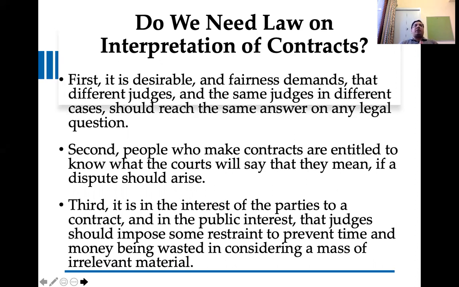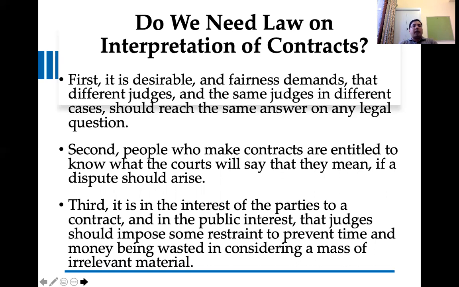And the justification for that rule is a policy consideration, because courts don't want to waste their time by looking into extrinsic evidence. That might be drafts, negotiations, witnesses and all that, with certain exceptions, of course.